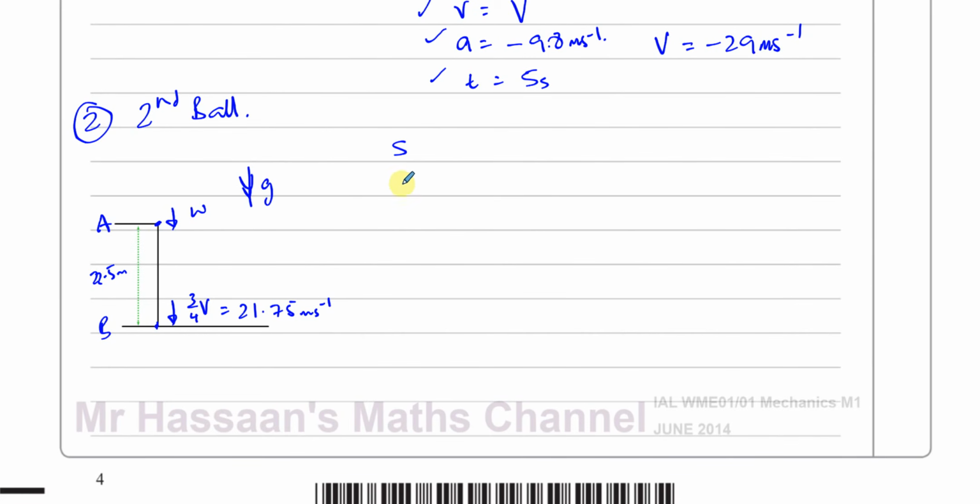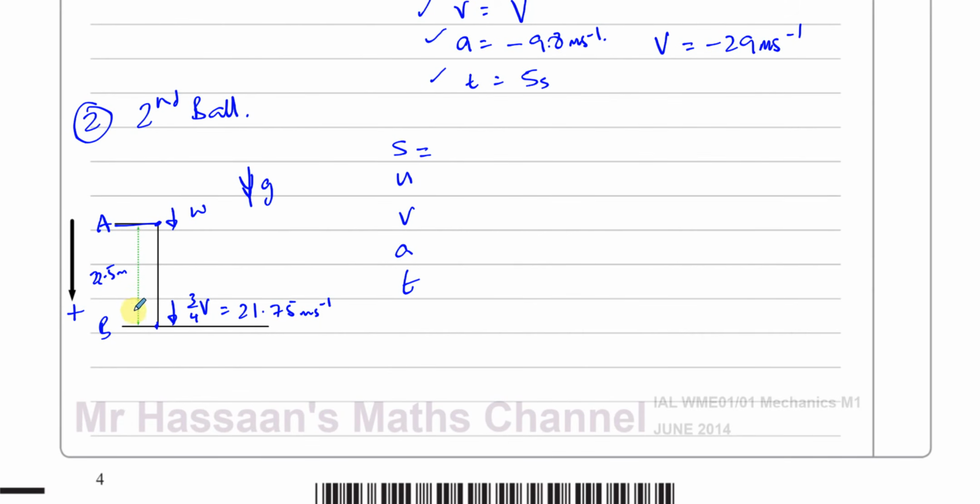Now, in this situation, I have my suvat again. This ball was projected downwards. Its initial motion is down, so I'm going to take down as positive in this question, because the second ball is thrown downwards. That means downwards is positive and upwards is negative. S is the displacement, 22.5 meters below the starting point.